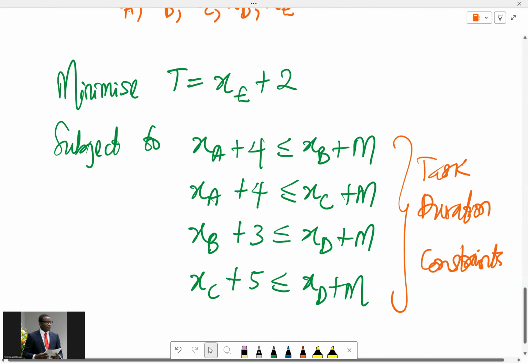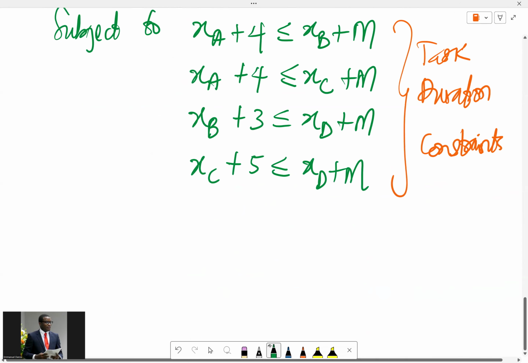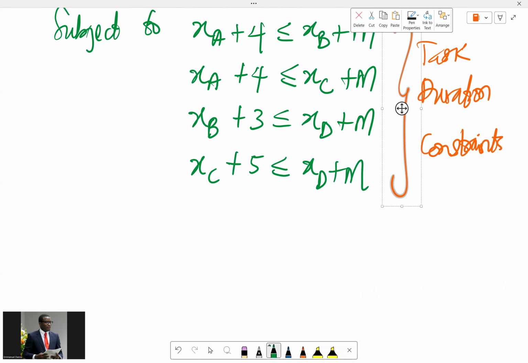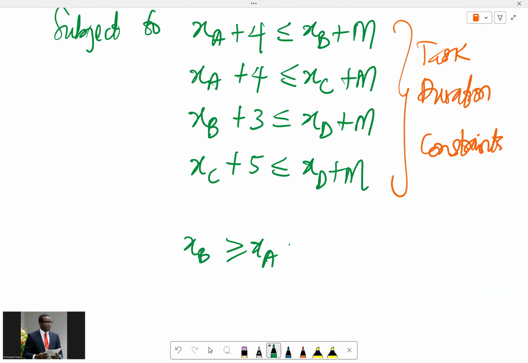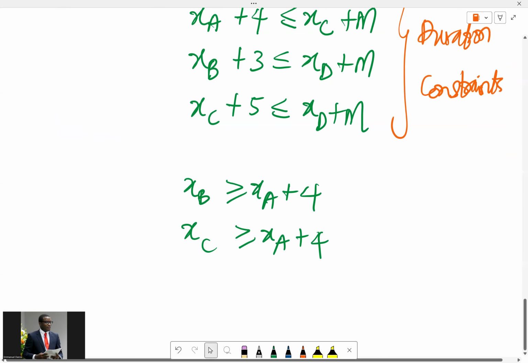Then we also have other constraints for sure. We have the precedence constraints. For instance, XB is greater than or equal to XA plus 4. XC is greater than or equal to XA plus 4. That means you can only start B after you have finished A, which takes 4 days, right?